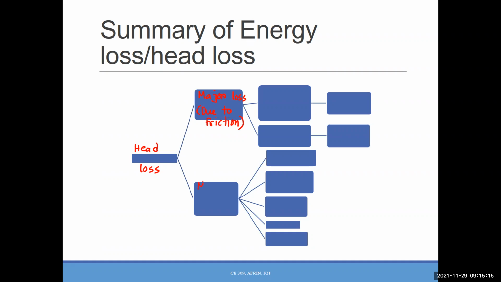The other one is minor loss. Okay, so these are the two main divisions of head loss. Now, when we say due to friction, there can be two types of friction, as I said briefly a little bit ago.